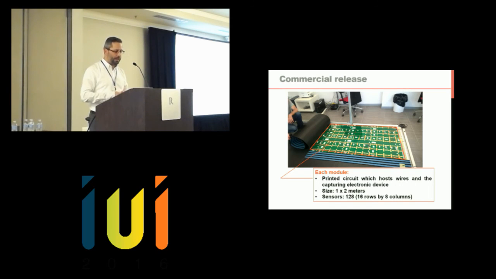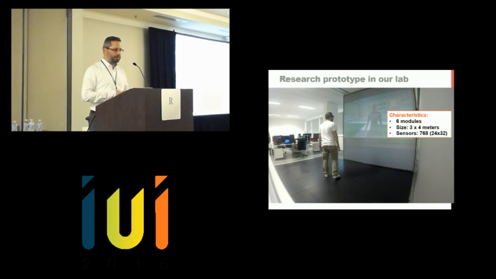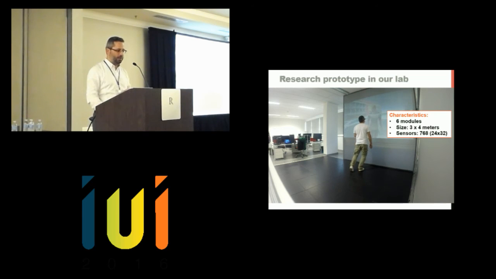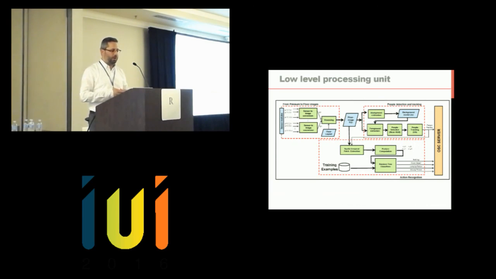For example, in our lab, we have installed a 6-module floor. So we have a 3 by 4 meters device containing more than 700 sensors. This is our lab prototype. We also developed the low-level processing unit.